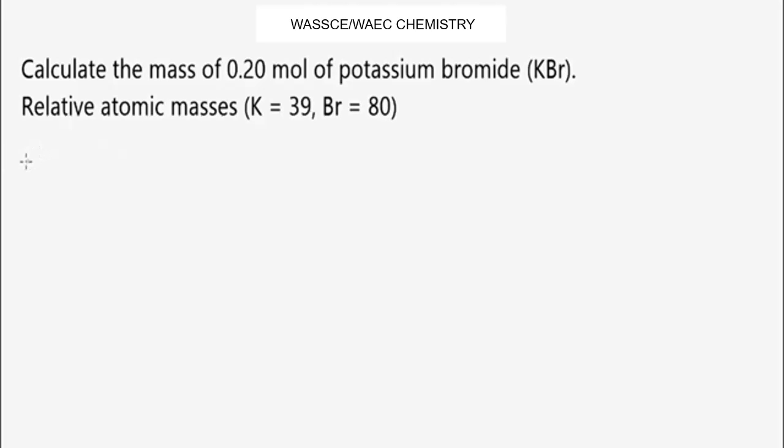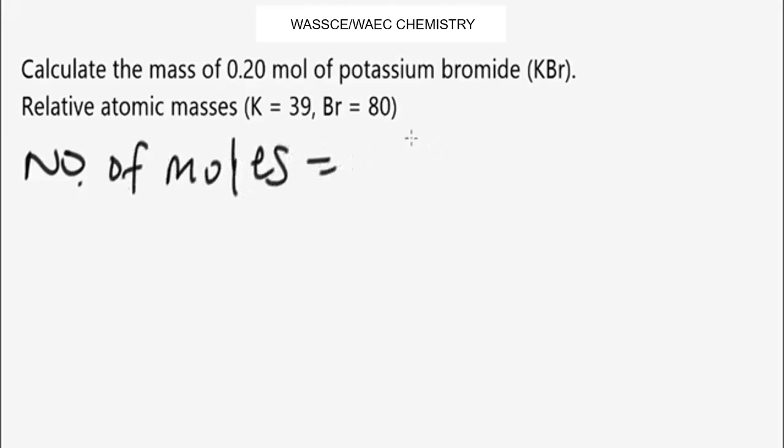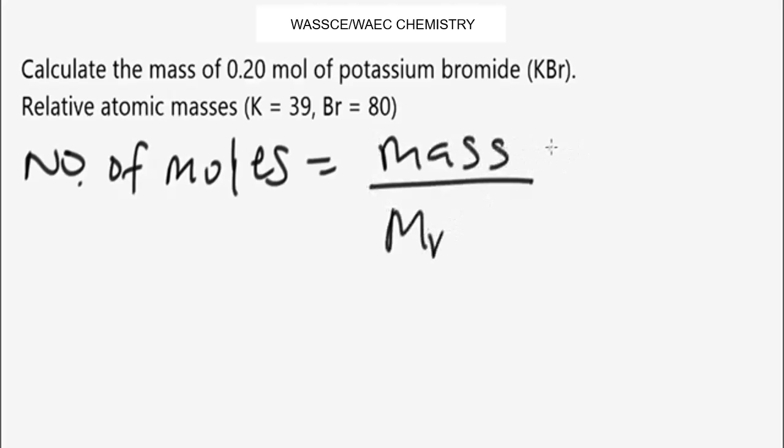The formula to apply: number of moles equals mass of the substance over relative formula mass, or molar mass, of the substance. So let's get our parameters. In this question, we have the number of moles to be 0.20 mole. To get the relative formula mass, we add all the relative atomic masses of the atoms of the compound.